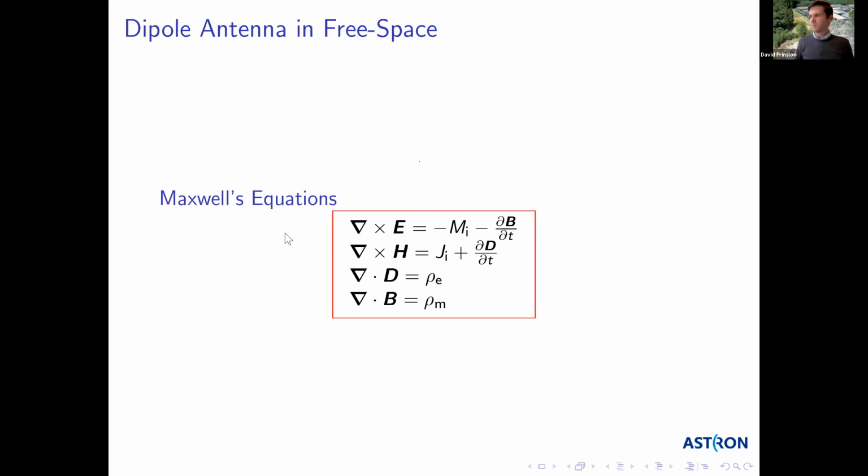I assume all of you have done this type of calculus, but just a reminder again, the curl and the divergence represented here. The curl of the electric field explains spatially how the electric field rotates around a certain point.